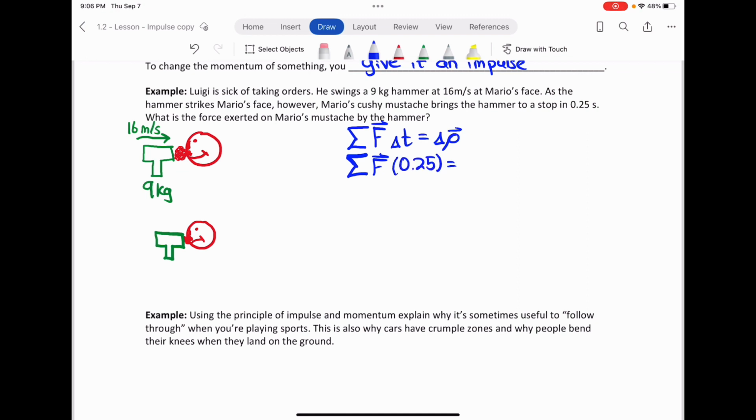And we know that the change in anything is final minus initial. Plugging in a few more things that we know, momentum is mass times velocity. And then I think we know the mass of the hammer, and we know the initial velocity of the hammer and the final velocity of the hammer. So we can plug in numbers for all of those things.